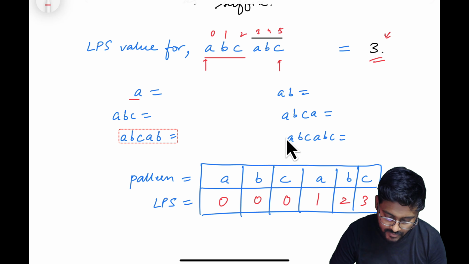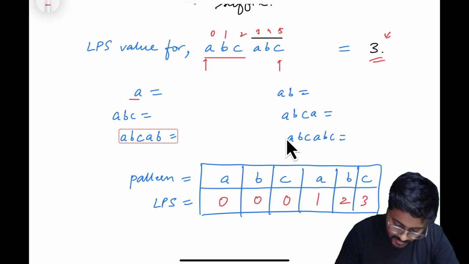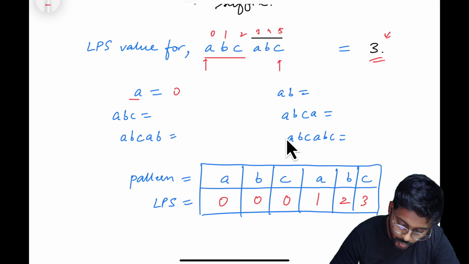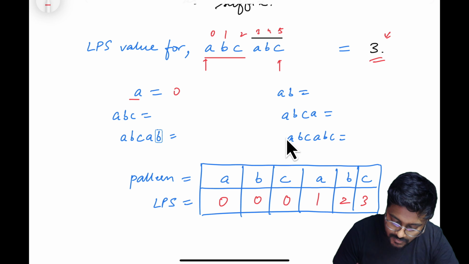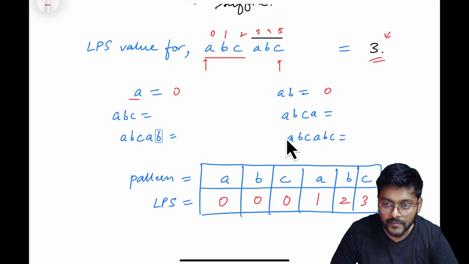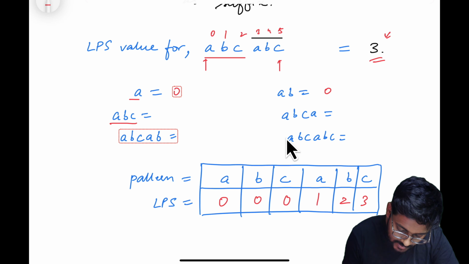For every string of a single character, LPS is 0. For the string of 2 characters, AB, there is no prefix which is same as suffix, so in this case also the LPS value is 0. In the string ABC, it is also 0.